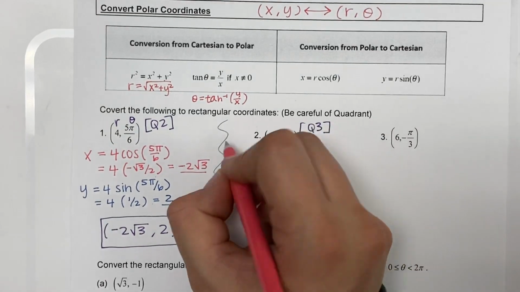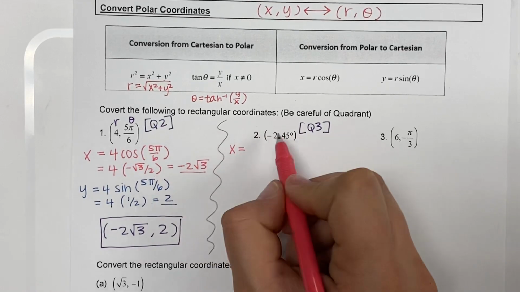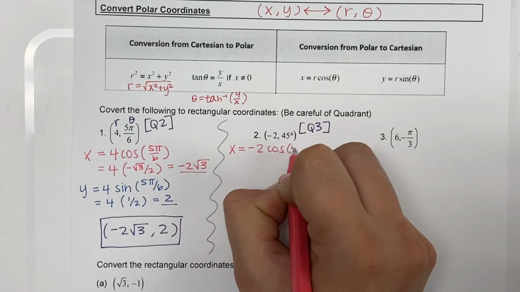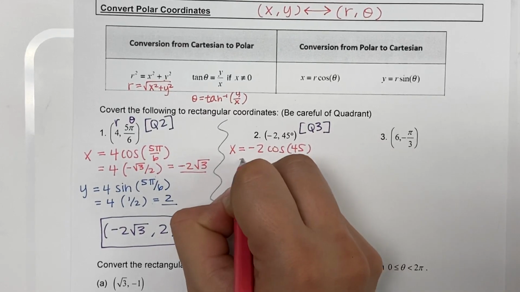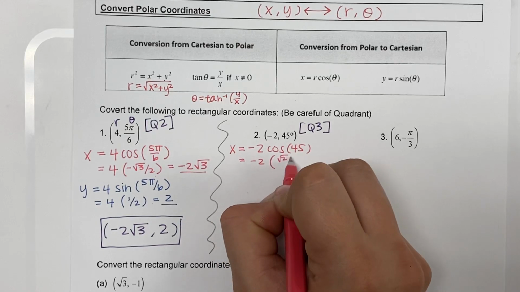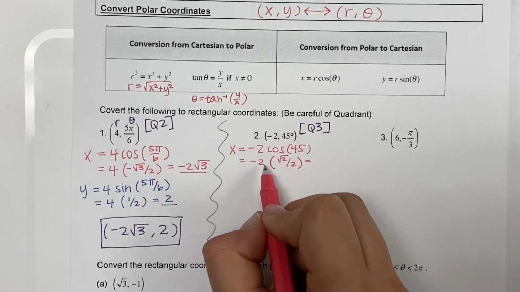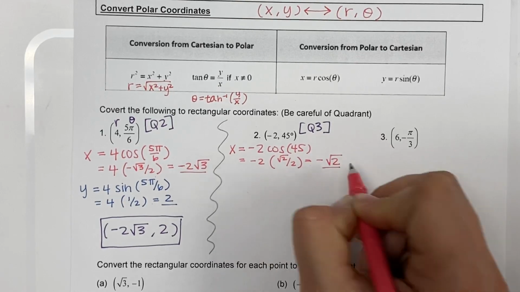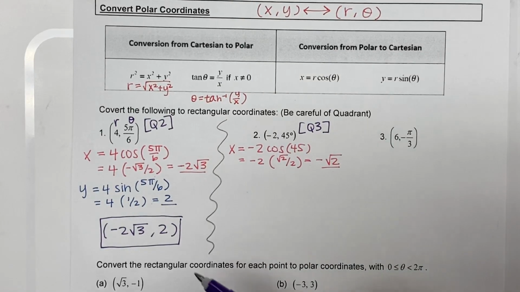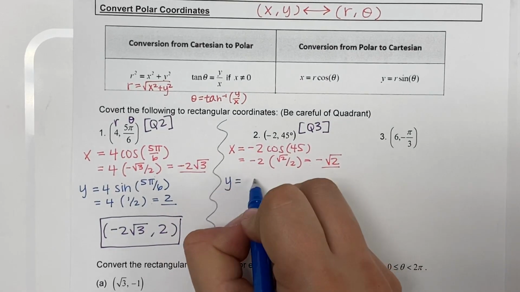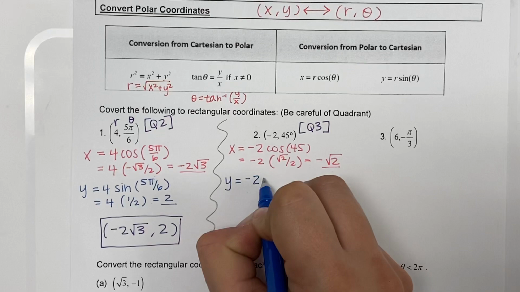Let's do x first. So negative 2 cosine 45. So it'll be negative 2 times root 2 over 2. Those 2's cancel, but don't forget the negative. So negative root 2 for x. For y, probably gonna get the same thing since it's 45 degrees.